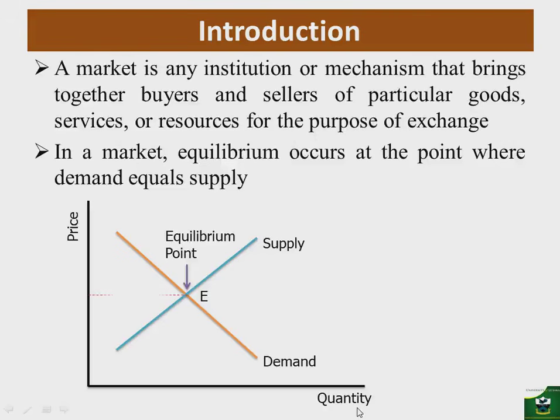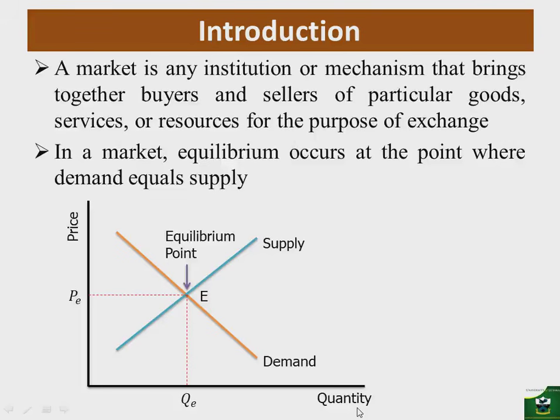The associated price at that equilibrium point E is called the equilibrium price, and here we've denoted it using P subscript E. And the associated quantity there is called the equilibrium quantity, denoted Q subscript E.